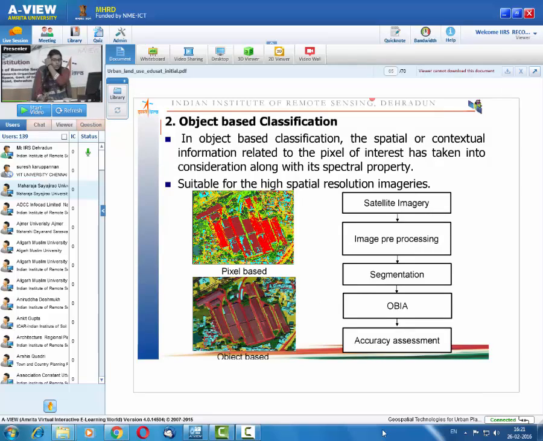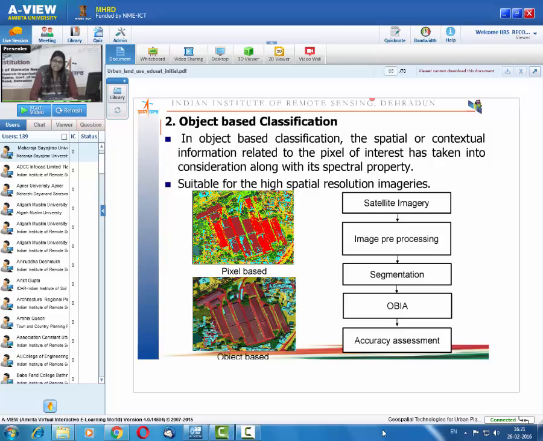Next, coming on to object-based classification. As I had explained, object-based image analysis or image segmentation is one area of fuzzy classification, where you can see in the image below that we have pixel-based classification and we have object-based classification.